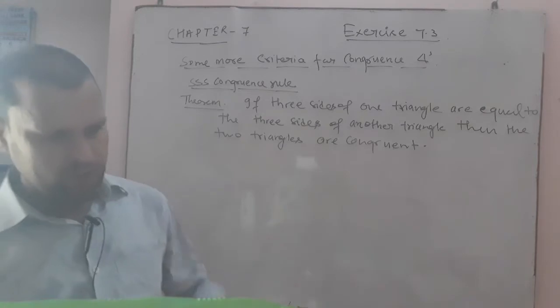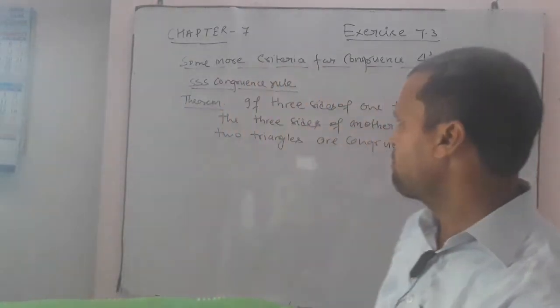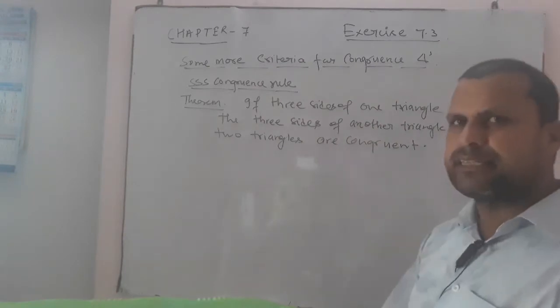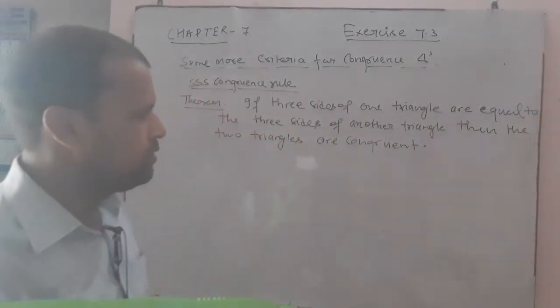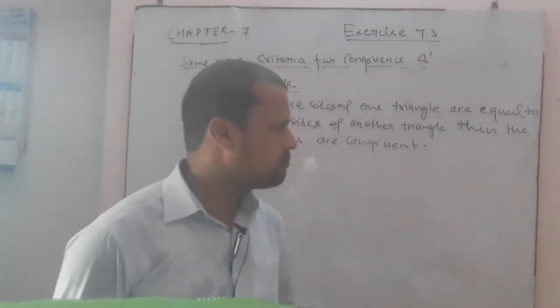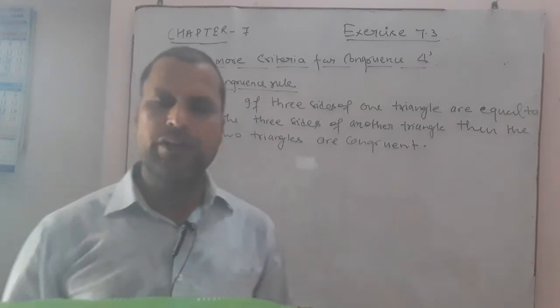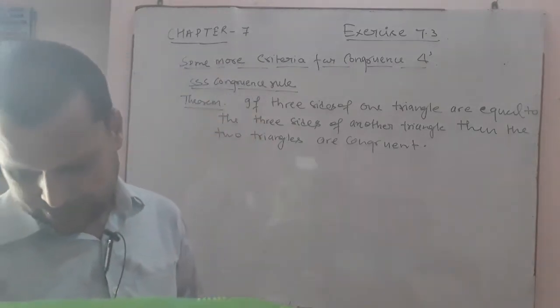See once more the statement: if three sides of one triangle are equal to the three sides of another triangle, then the two triangles are congruent. This is the statement of the theorem.